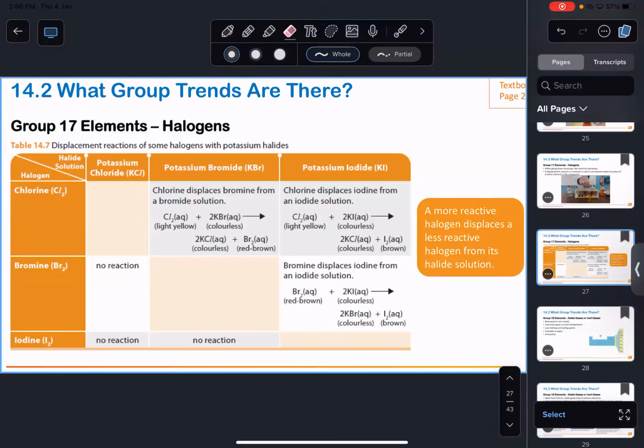Can or not? Can, then I form KF plus Cl2. Okay, then you balance. Same thing, but chlorine isn't in your syllabus, so you don't need to know the color. So you just know chlorine. Here I will see a yellow-green gas form.